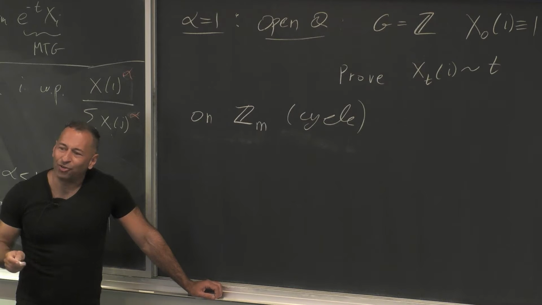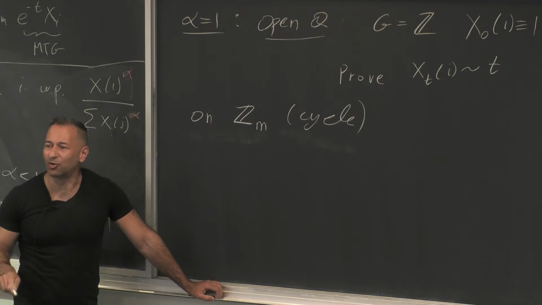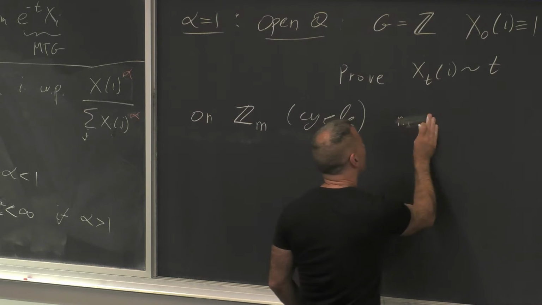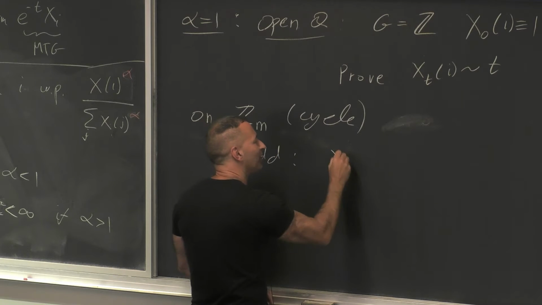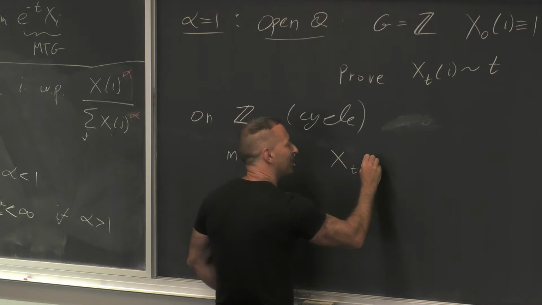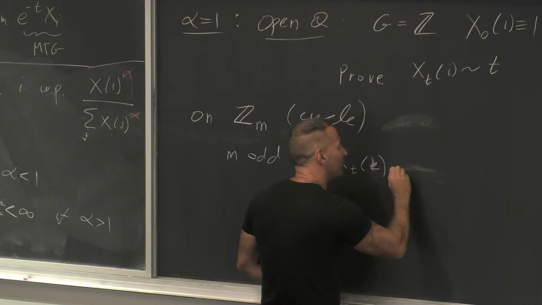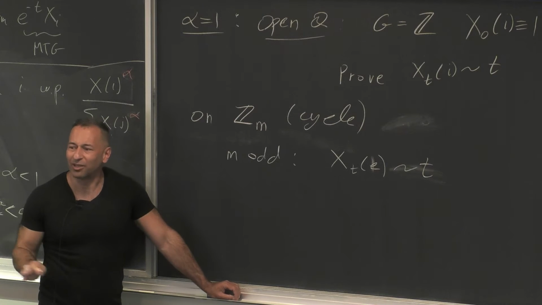If m is odd, then you get the same behavior. If m is odd, then all of the edges are asymptotically equal. So if m is odd, then x_t of every edge E, let's switch from i to E for the edge, is asymptotically t. So all the edges are asymptotically equal.